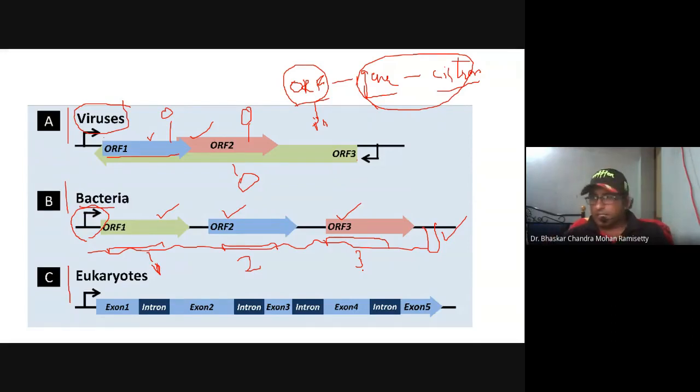Why is it like this in bacteria? Usually, all the genes under one particular promoter are useful for the same purpose. For example, if you recollect the lac operon, we discussed lacZ, lacY, and lacA.